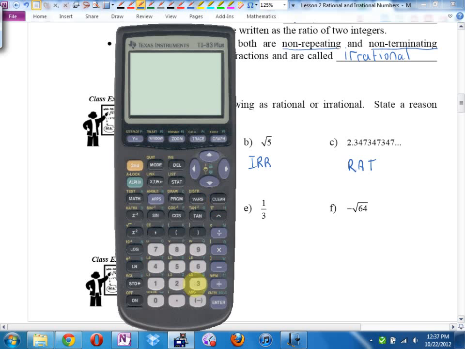So Brianna, type in 347. Hit divided by. How many numbers are repeating? Divide by that many 9s. 347 over 999. The 9 times table has some really neat, nerdily cool stuff.